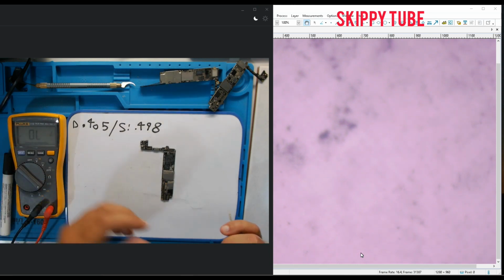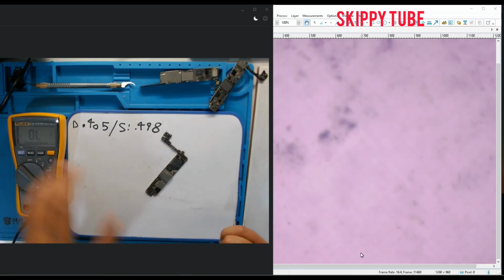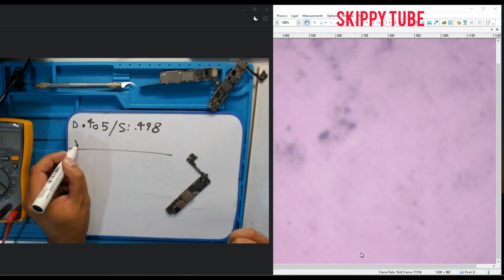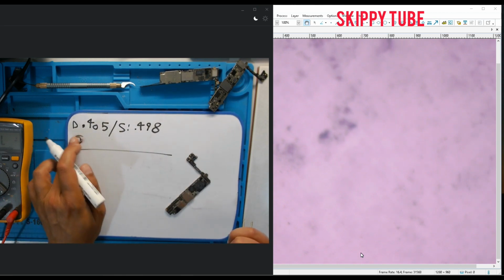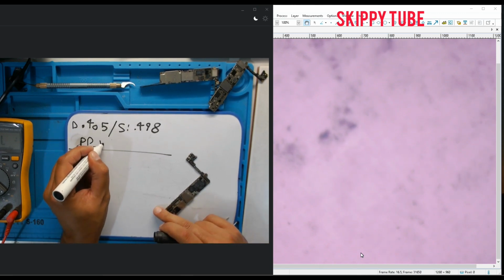This is a very simple way to find the issue. That's it. And right now this side, on the iPhone we call it PP_VBAT.